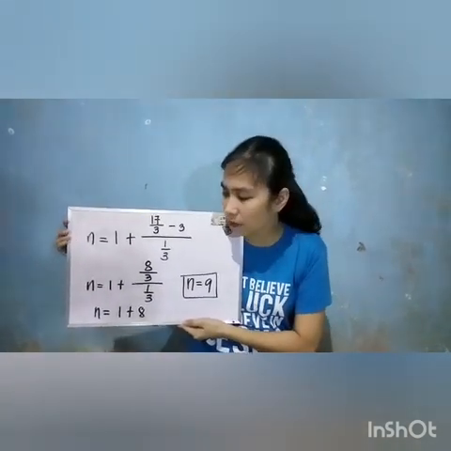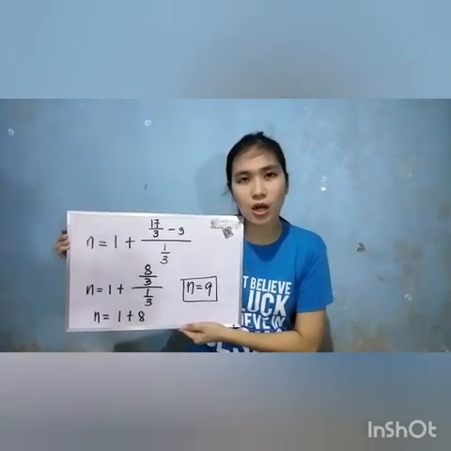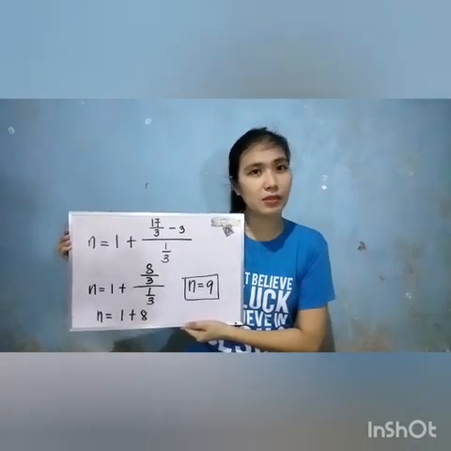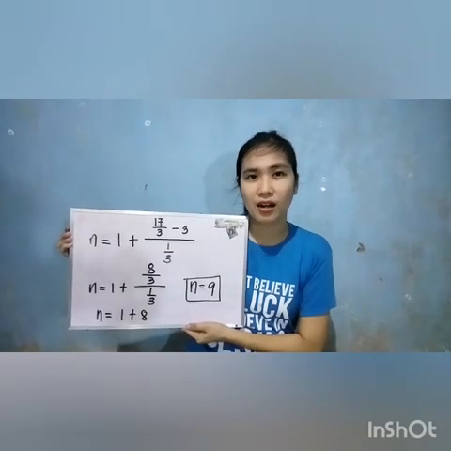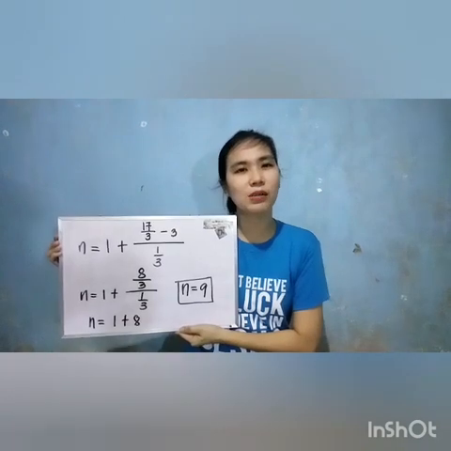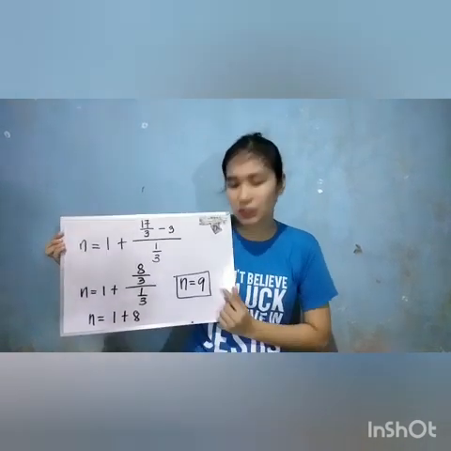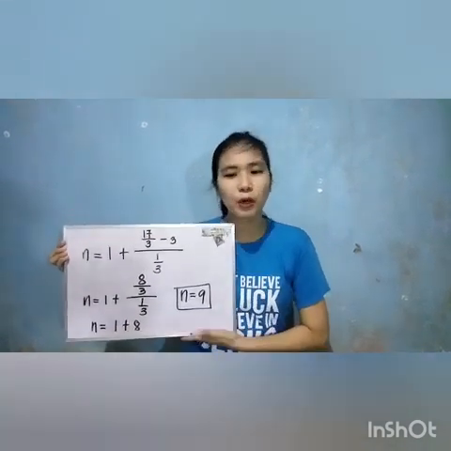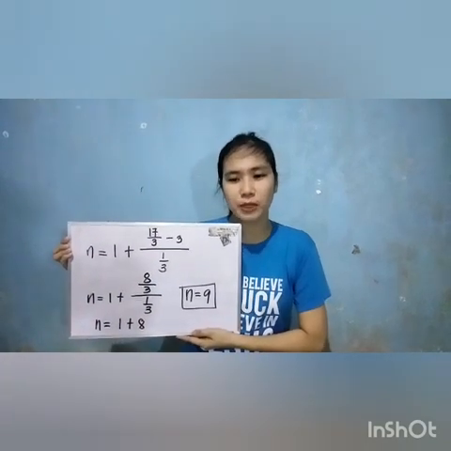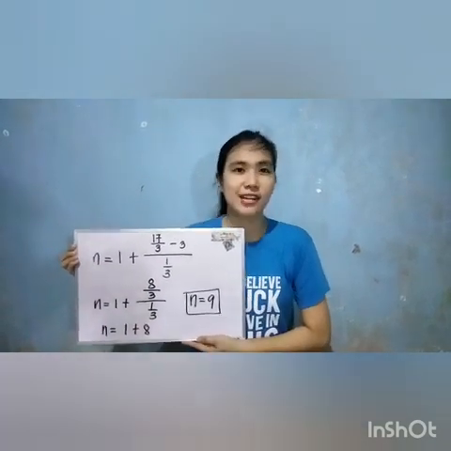So we will have n equals 1 plus 8/3 times 3/1. So we'll get 8. Now we have n equals 1 plus 8, which is equal to 9. Therefore, our 3/17 will be the 9th term in the given harmonic sequence.